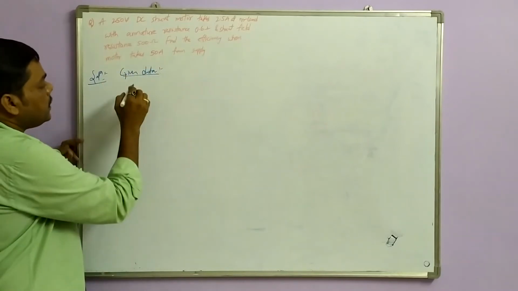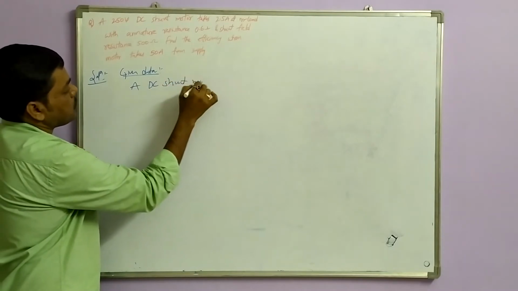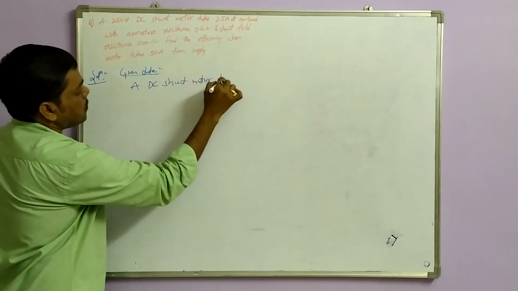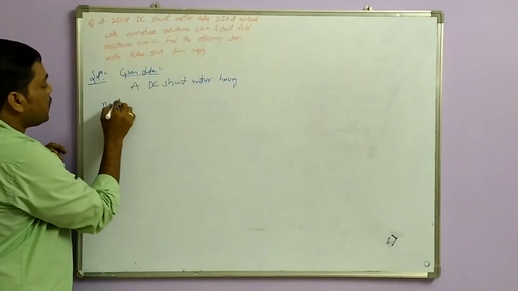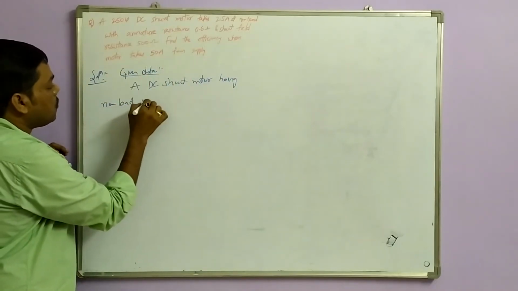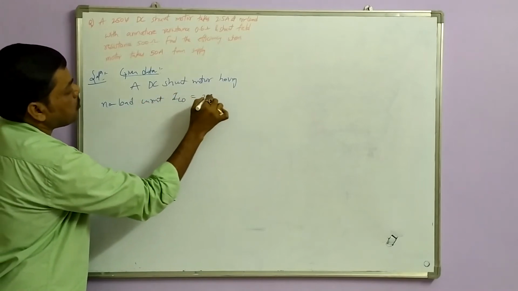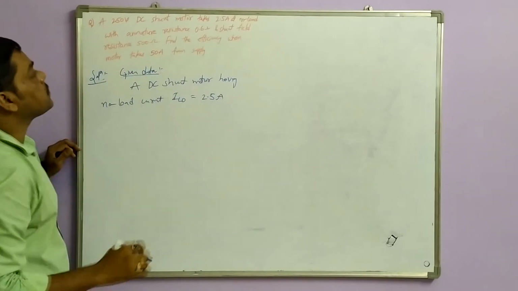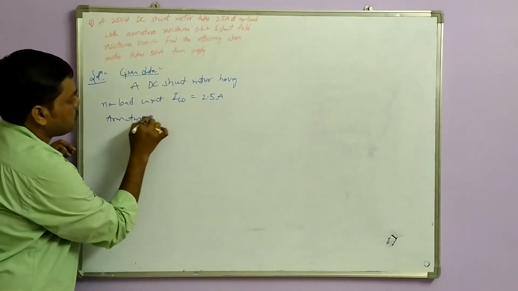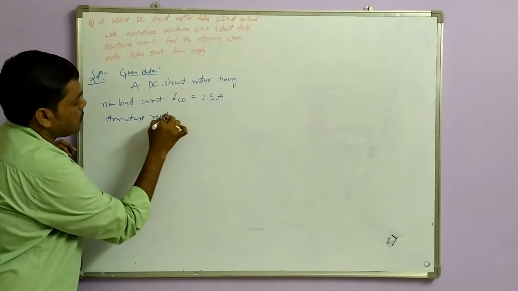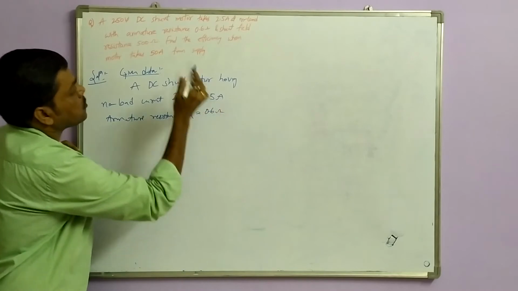A DC shunt motor having no load current IL0 is 2.5 amperes, and armature resistance RA is 0.6 ohms.